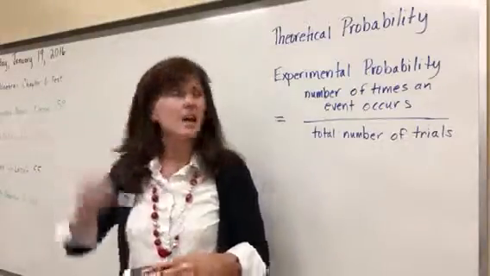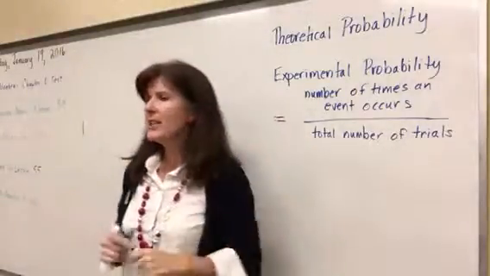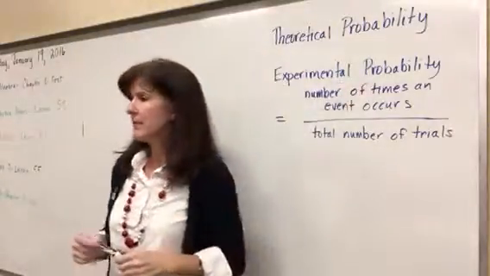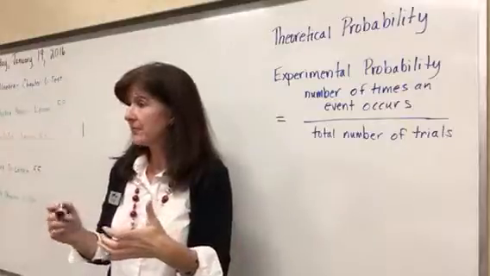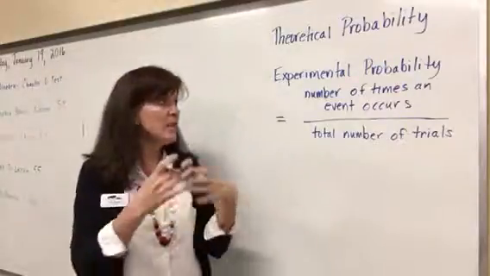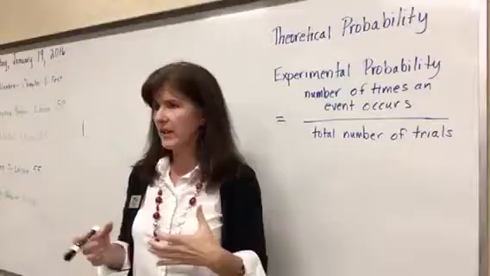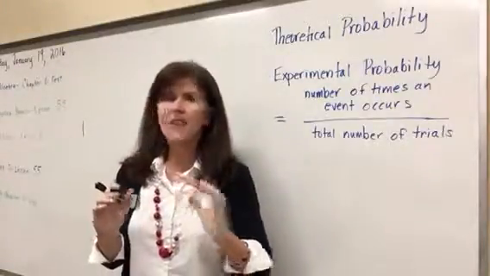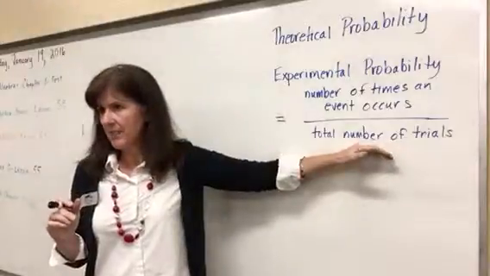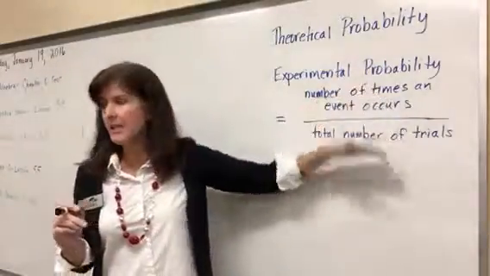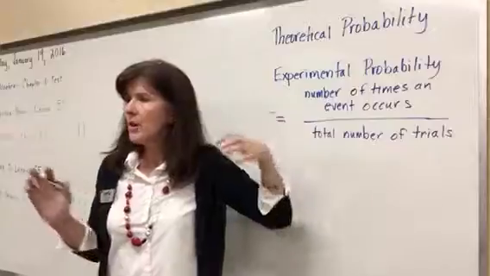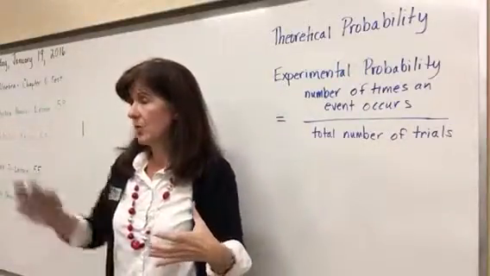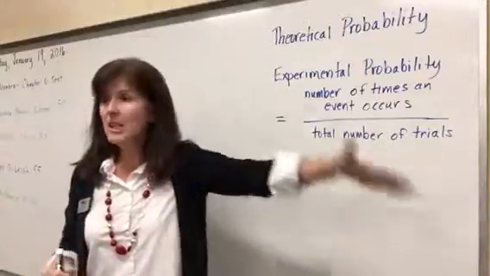Now, what do you think is going to happen the more times I do an experiment? What do you think the probability is going to become more like? What I'm trying to say is, if I toss it 10 times and I get 6 out of 10 on heads, what do you think is going to happen if I toss it 100 times or 1,000 times or 1,000,000 times?